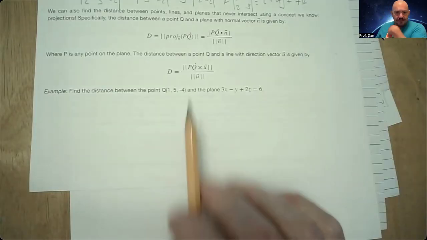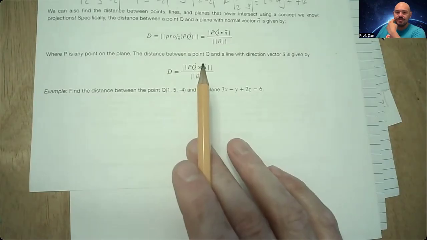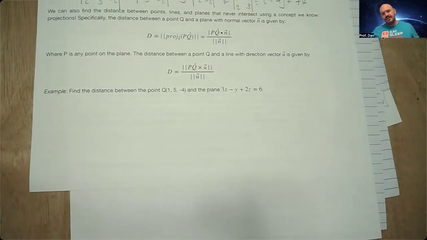Whenever we look at the distance between a point and a line, though, it's a little bit different. We can't really use that whole projection idea for points and lines, but we can use something similar.